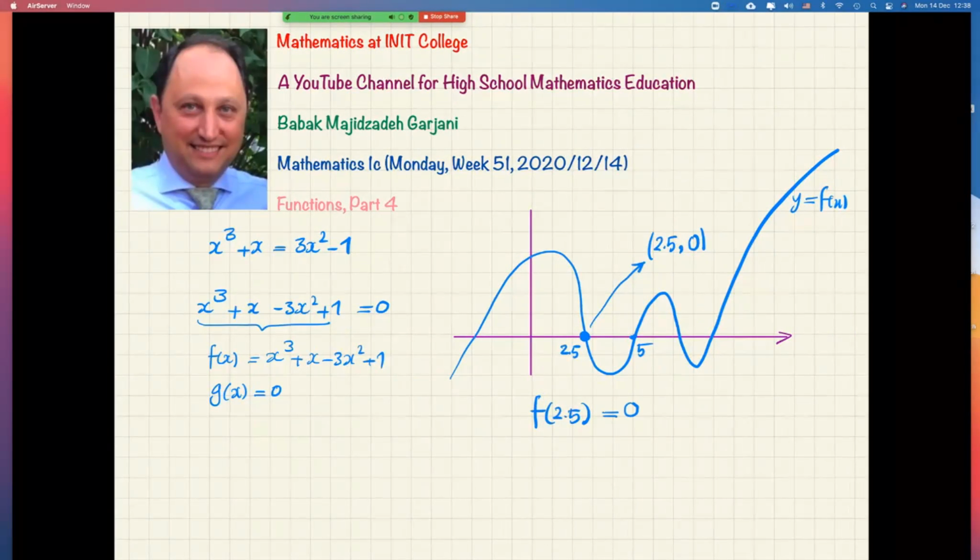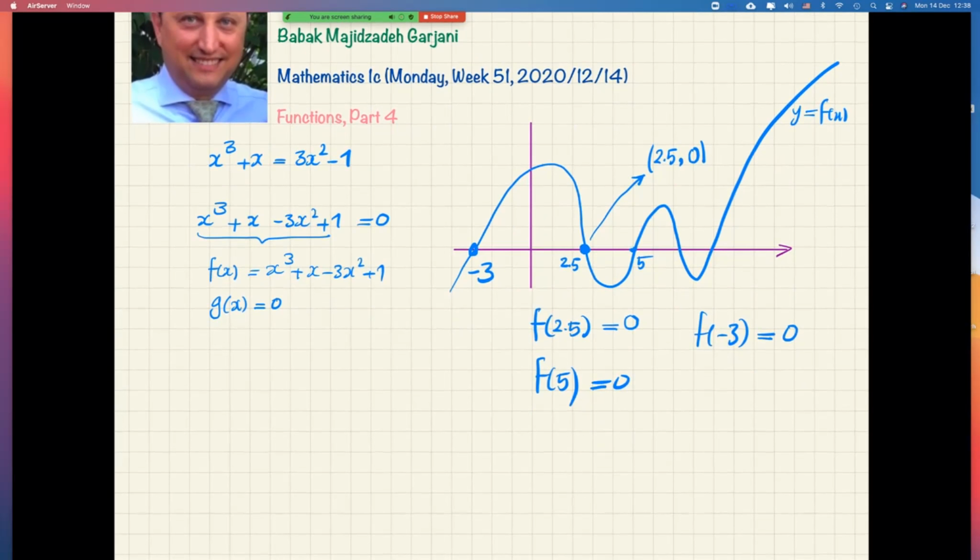Now, can you tell me what is f of 5 in this picture? 0. So again, if I have this one, for example, minus 3, what is f of minus 3 in this picture? 0.